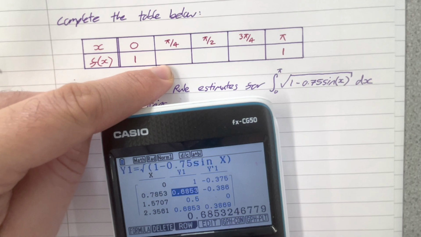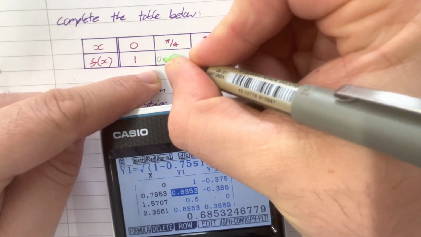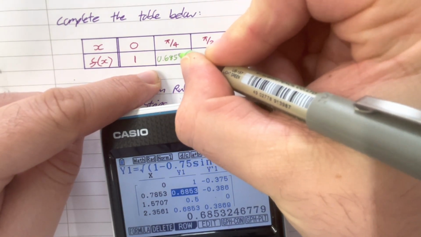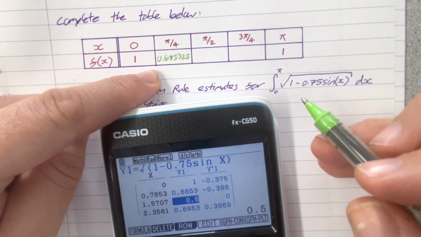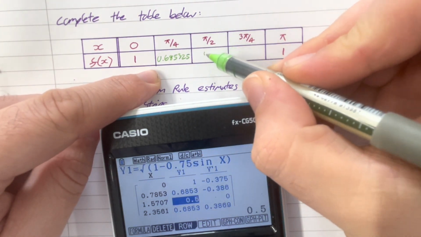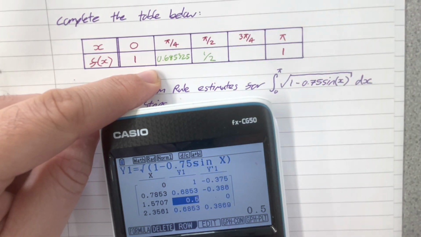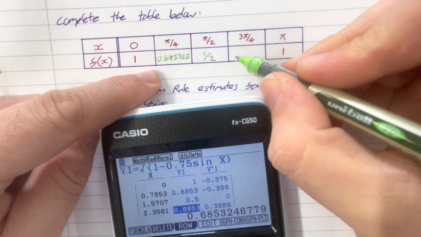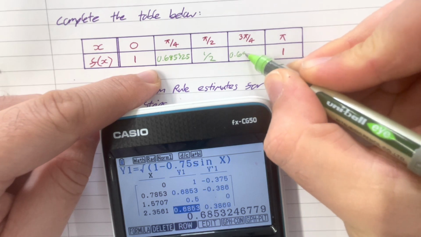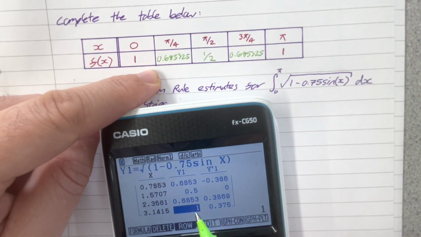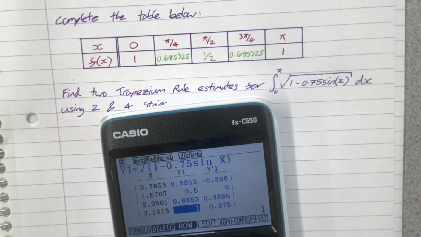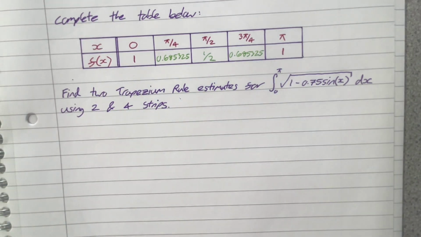When x is pi on 4, I've got 0.685325. When x is pi on 2, I get a half. When x is 3 pi on 4, I get the same number again, 0.685325. And when x is pi, I get 1 again, which again was given in the question. So that's the table.